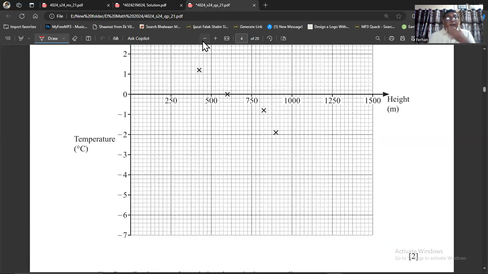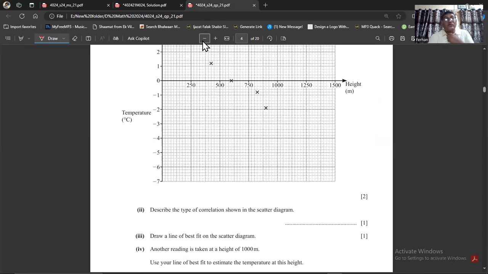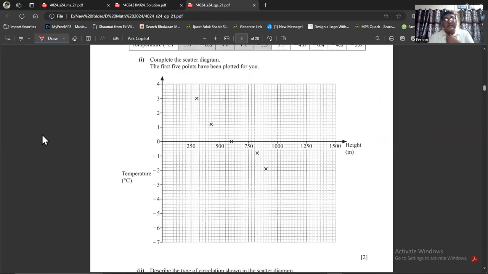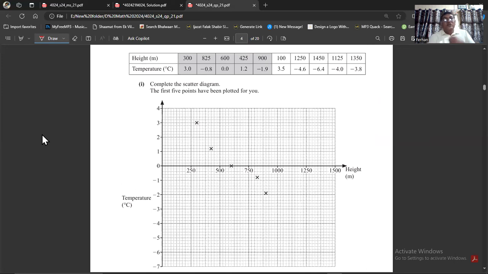So let me reduce the size. Let me show you. Here the scatter diagram is given to you. These first 5 points have already been plotted. On the x-axis we have height, and on the y-axis we have temperature. At 100 meters, the temperature is 3.5.